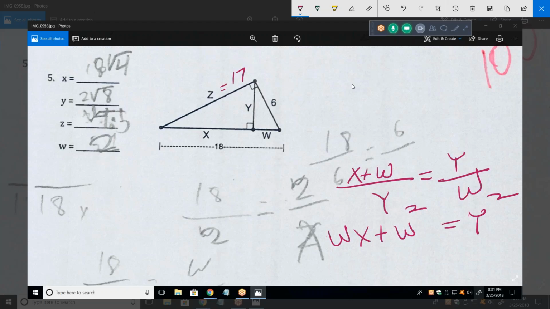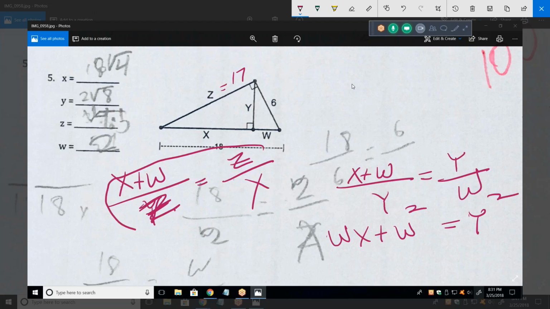Hold on. All right, let's take a third definition of the geometric mean, which is that x plus w divided by the hypotenuse, z, equals the hypotenuse z over x.